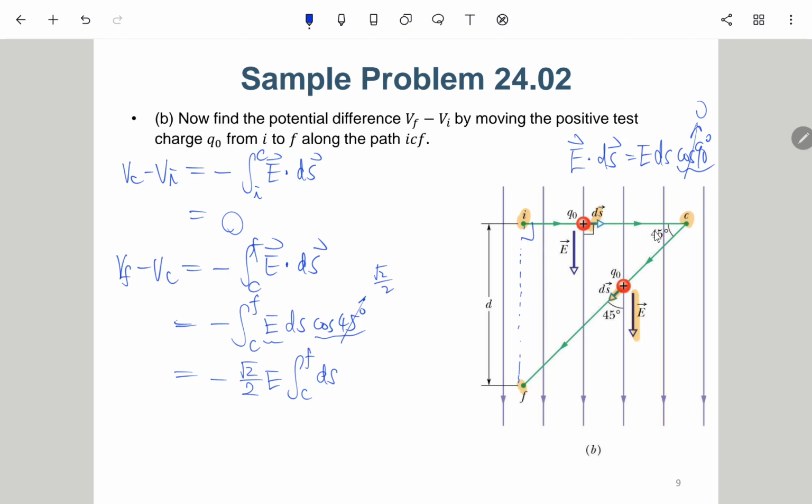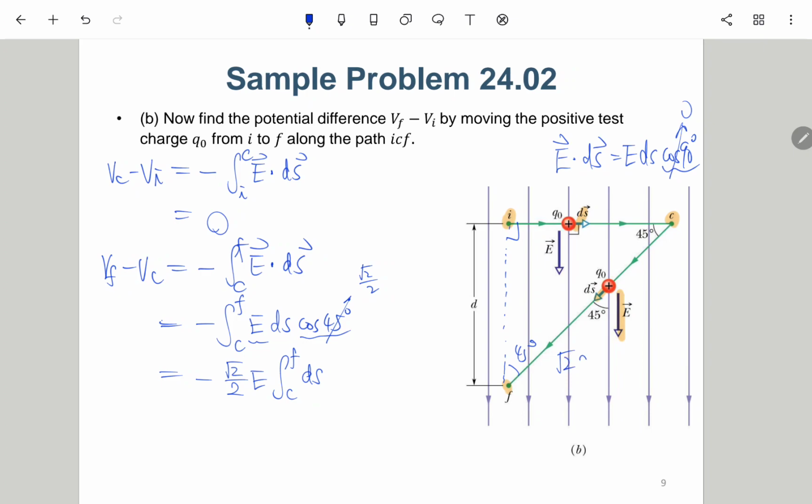This is 45 degrees, this is also 45 degrees, which means this side is d, this is also d, and this one will be square root of 2 times d according to the Pythagorean theorem. So this is negative square root of 2 over 2 E, and this one will be square root of 2 times d.